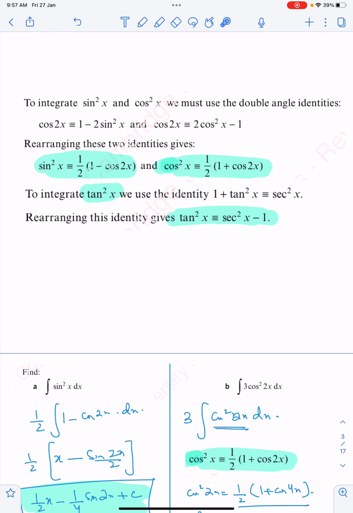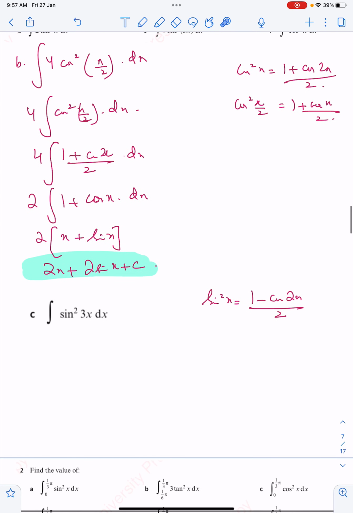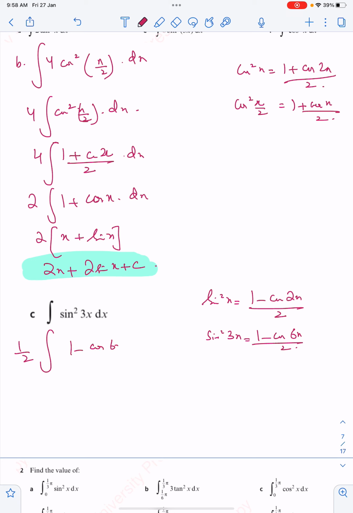Sin square x is 1 minus cos of 2x divided by 2. Now if I want a 3 here, that means I'm multiplying this angle by 3, so I will have to multiply this angle by 3 too. So sin square 3x will be 1 minus cos of 2 into 3 is 6x divided by 2. So 1 upon 2 I'm taking outside and I'll write 1 minus cos of 6x dx.